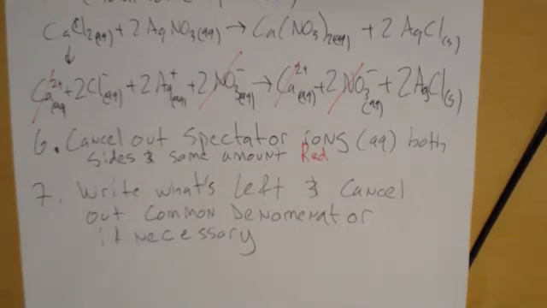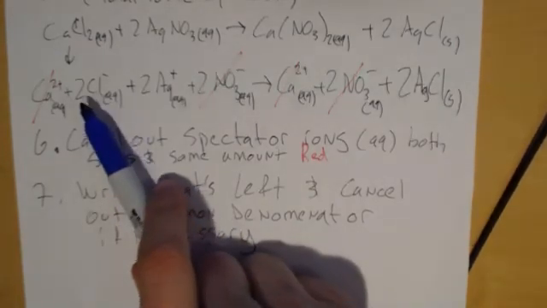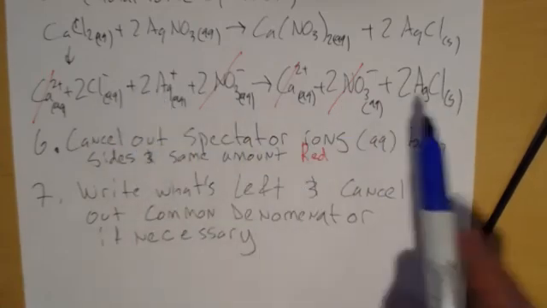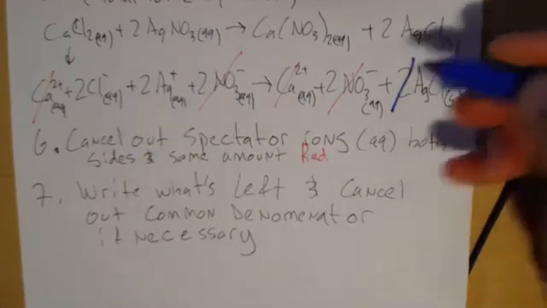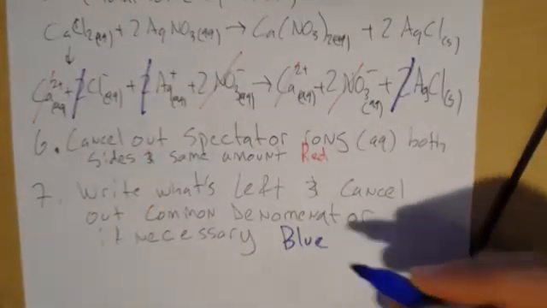So what I'm going to do, this one has a common denominator. After canceling, there's 2 chlorides, 2 silvers, and 2 silver chlorides. So I'm going to strike out the 2. My blue is what's canceling.